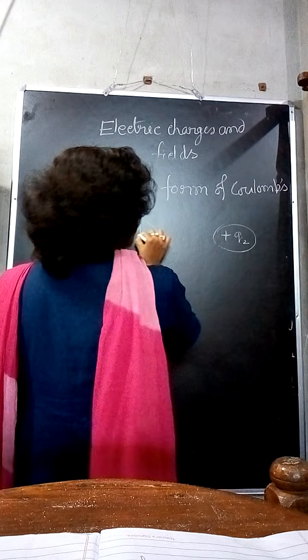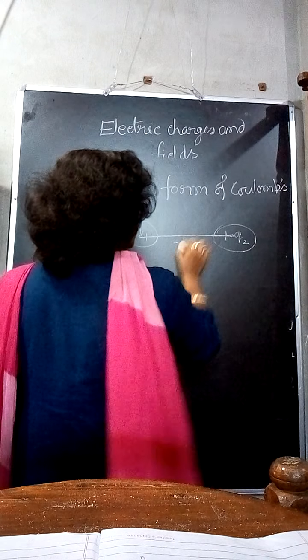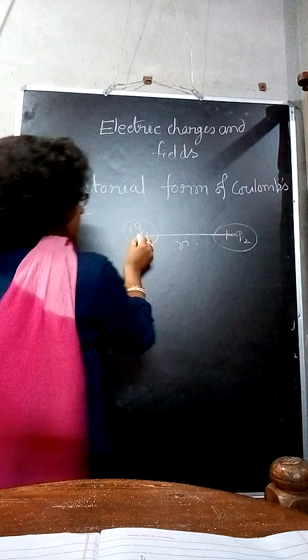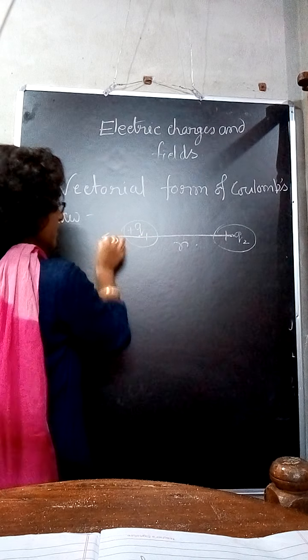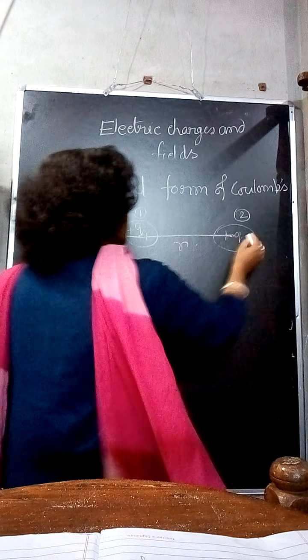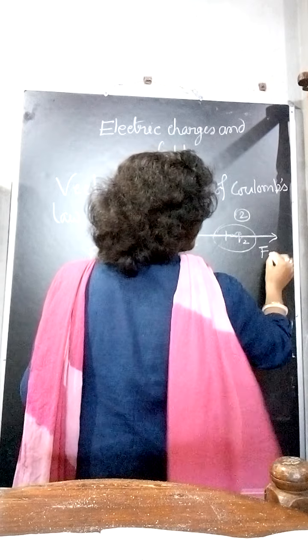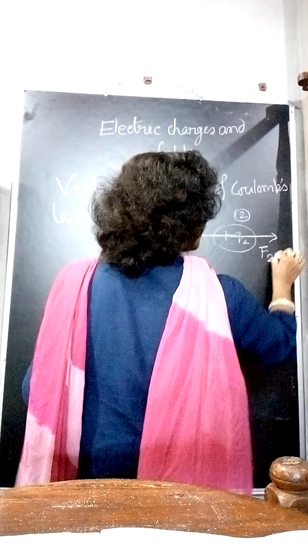And the separation between the centers of the point charges is R. The direction of the force is F12. It is number 1, it is number 2, and the direction of the force on charge body 2 due to 1 is along that side.